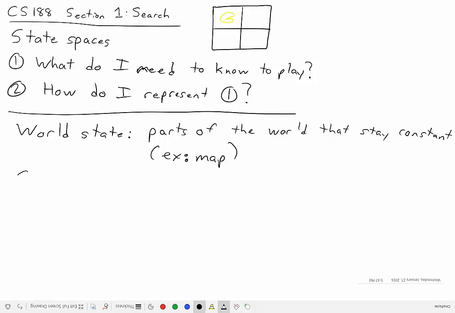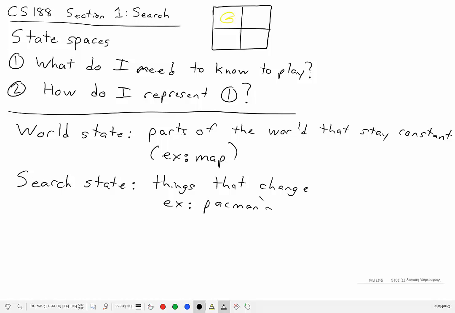Then we have the search state. The search state is everything that changes, so the opposite of the world state. Some examples are Pac-Man's position, and another one would be the pellets.